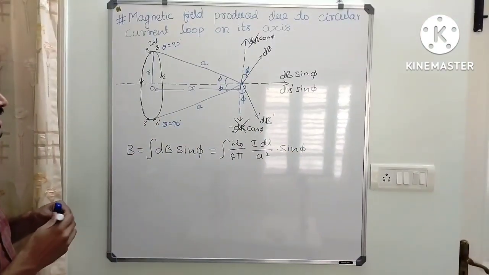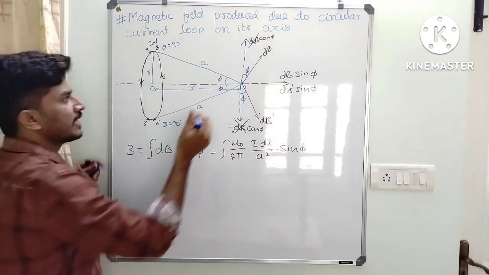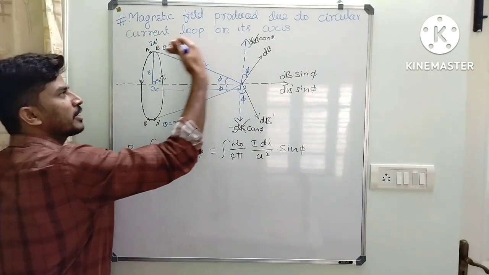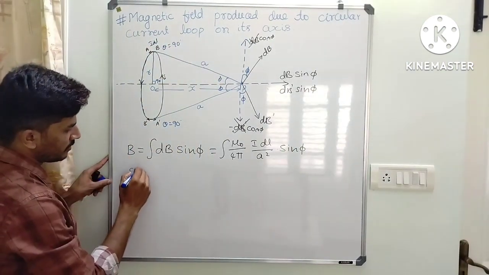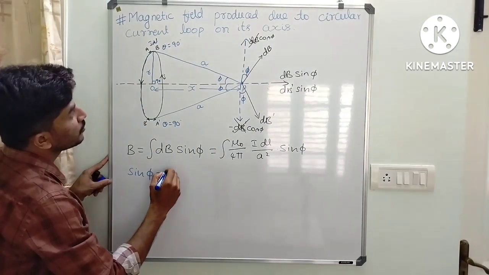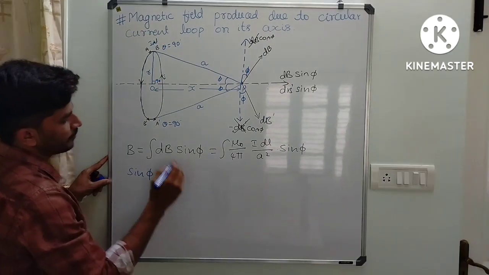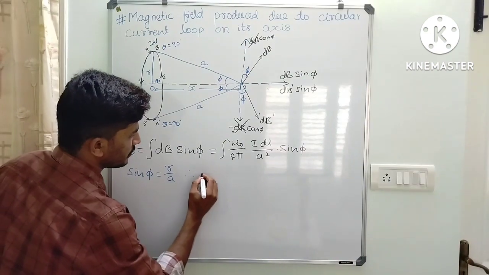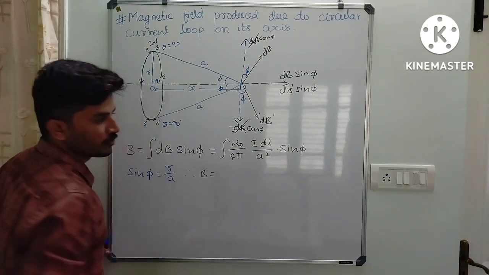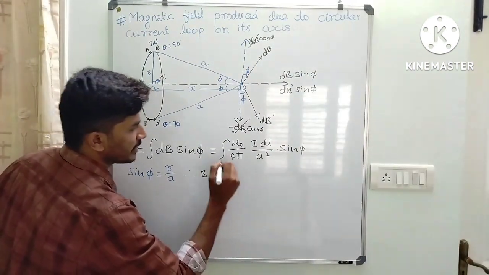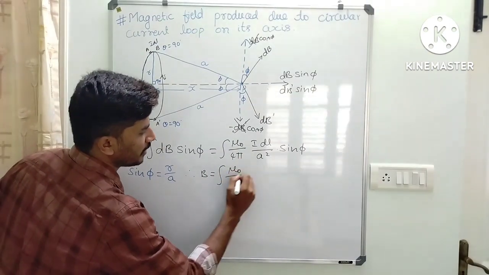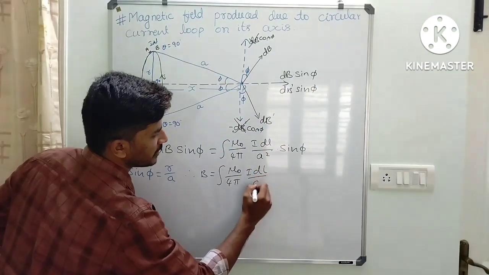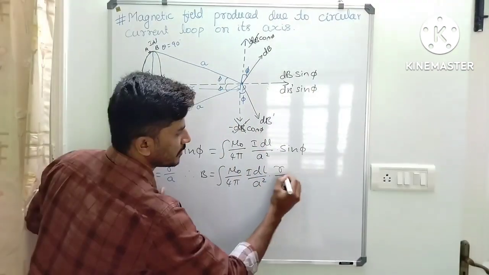From the diagram we can write this angle is 90 degrees. So sin phi is equal to opposite by hypotenuse, so sin phi is equal to r by a. Therefore we can write B is equal to the integration of mu naught by 4 pi, I dl by a square into sin phi, which is r by a.